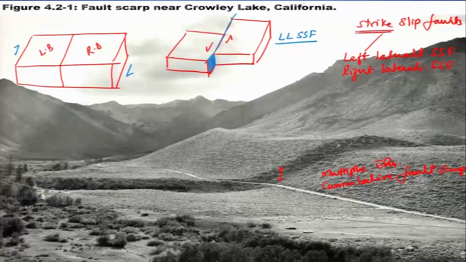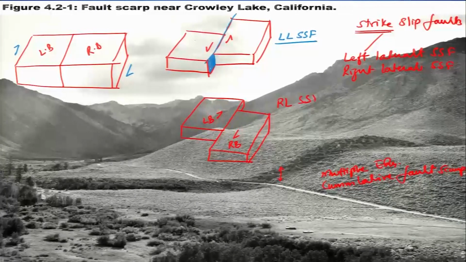So now if I put this in a sketch, then what I will get is, so this moved towards me, that is my right block, and this is your left block, and this has been termed a right lateral strike slip fault. So just keep this in mind.